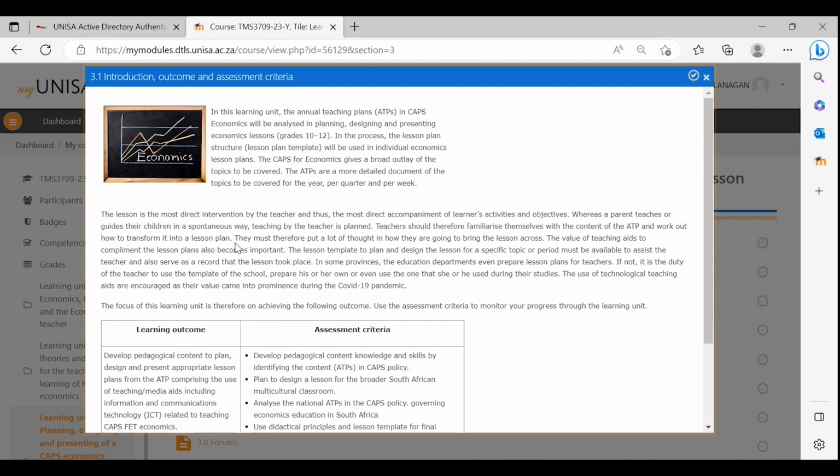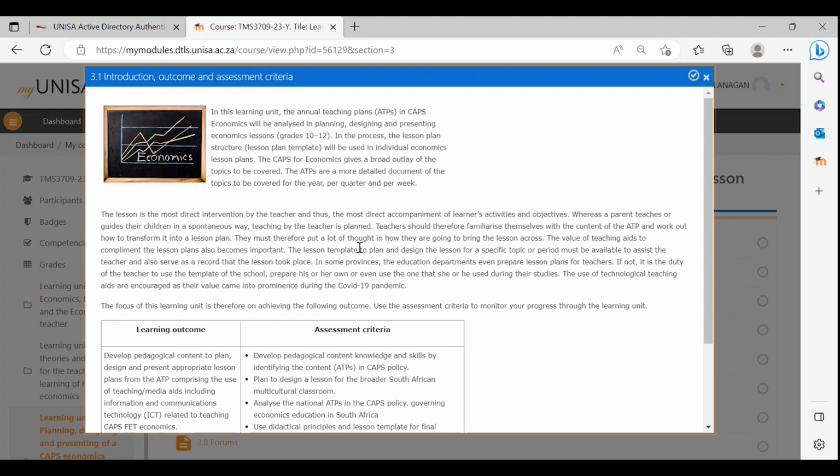And then you have the individual lesson, which is giving you the fineness of details of what you want the learners to know. The value of teaching aids to complement the lesson plan also becomes important. That is why that also forms an important part of the lesson.